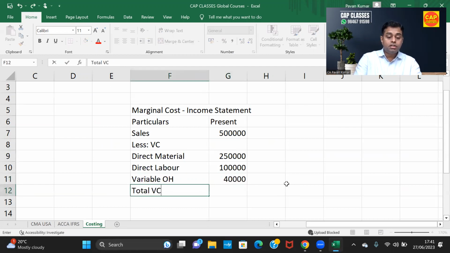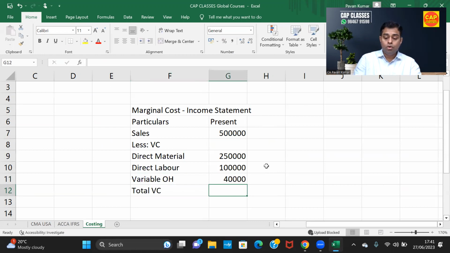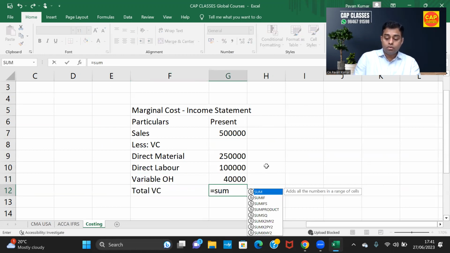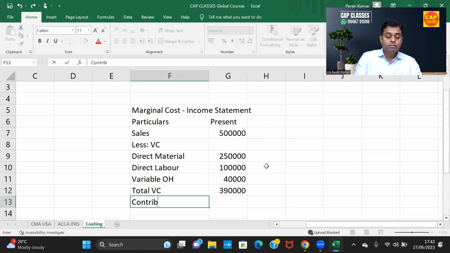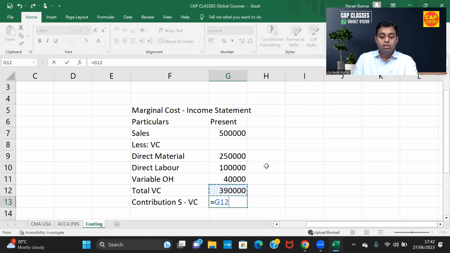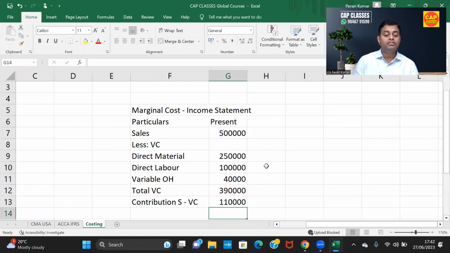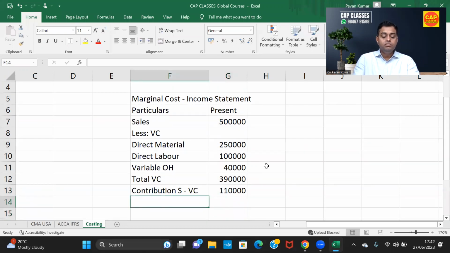So total variable cost is equal to the sum of these three, you can add. Therefore, contribution, sales minus total variable cost. So 5 lakhs minus 3,90,000 gives you 1,10,000.